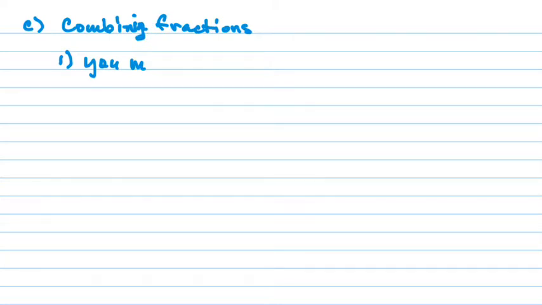So if you're combining fractions, you must have a common denominator. Remember that? Which part of the fraction is the denominator? The bottom part. They have to be identical. If they are not, then you cannot add or subtract them. Right? So, you must have a common denominator.